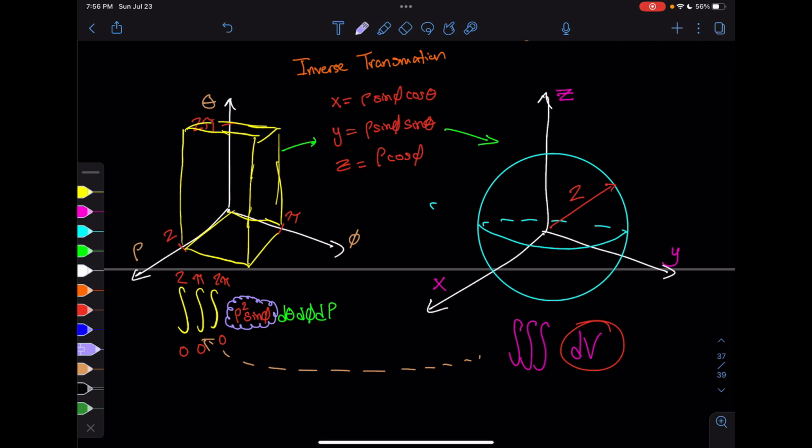Because remember that this nice little cube over here, dV, looks like a curved little box. To go from one to the other, from this nice rectangular region, there's this distortion that happens to our dV, and that distortion is this rho squared sine phi. This dV over here becomes the pink dV in our rectangular coordinates, okay?